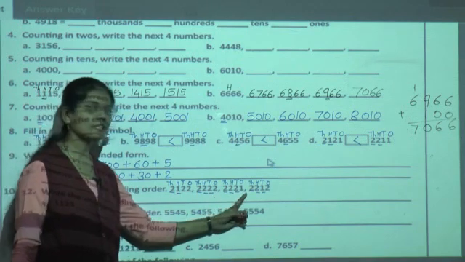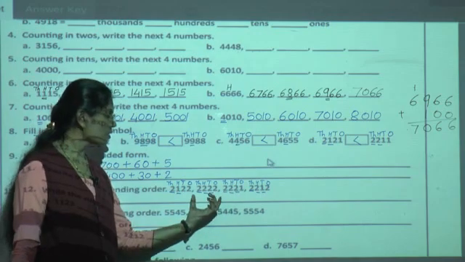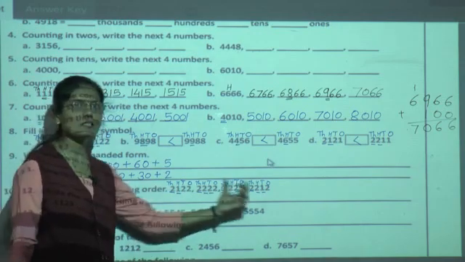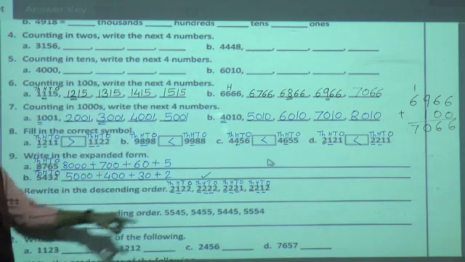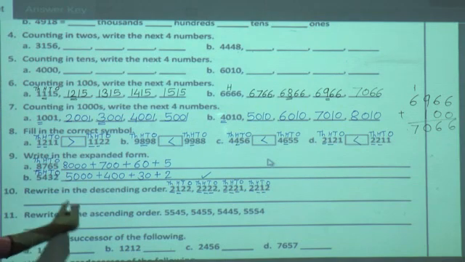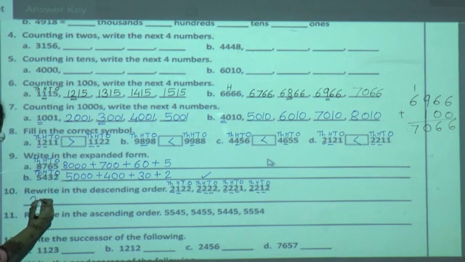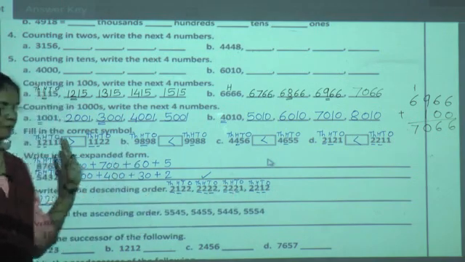Here 2 is there, here 1 is there and 2 is greater than 1. So this number is greatest among these 4 numbers. So we will write this number first. I will give a small tick on the top of the number. So I will write that number first, 2222, which is the greatest number among these 4 numbers.